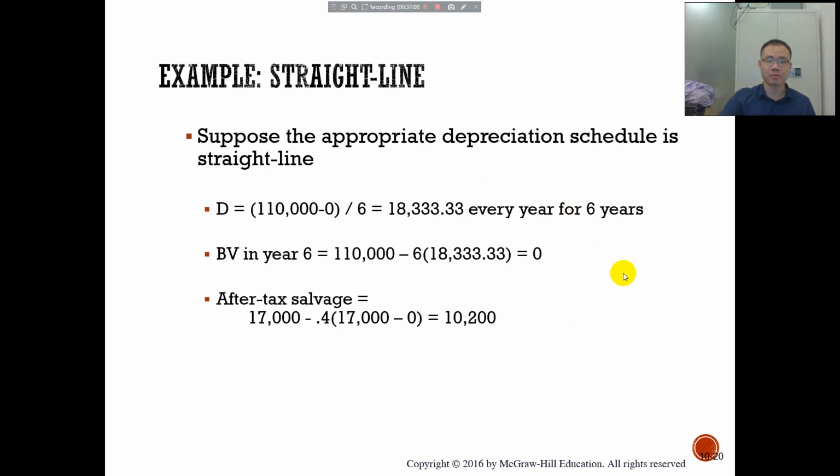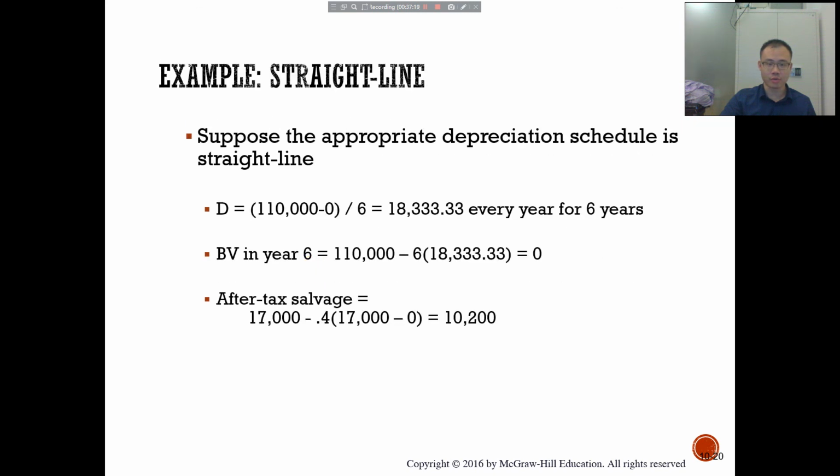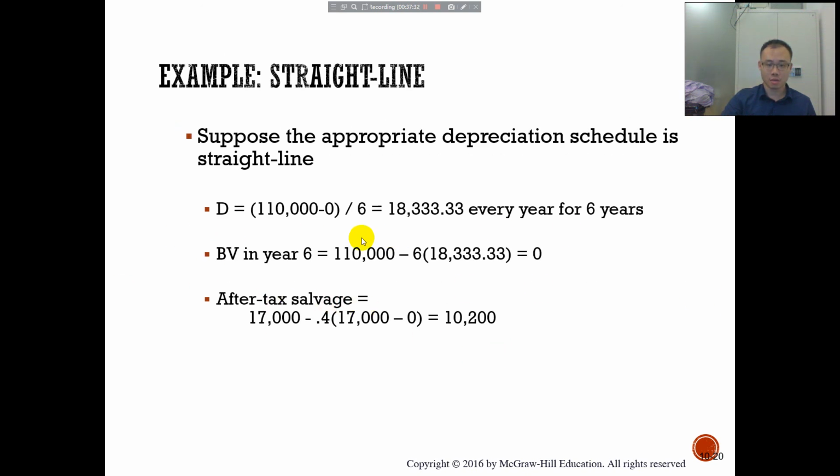And this is an example. Suppose that the appropriate depreciation schedule is straight line, and we assume that the cost is $110,000 minus 0, the end value at the end of the project.